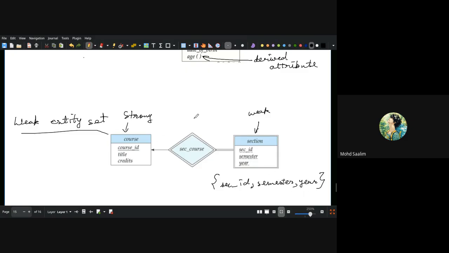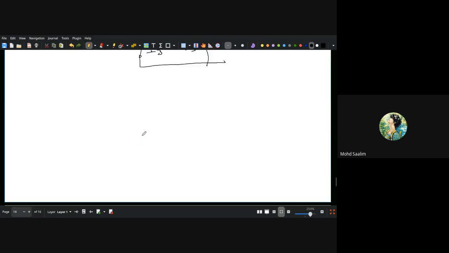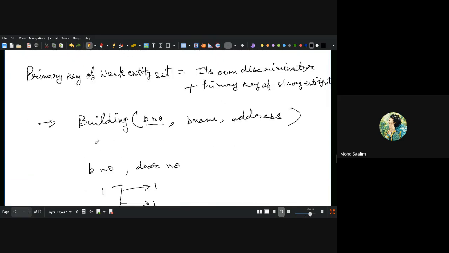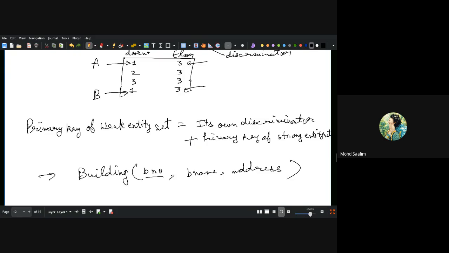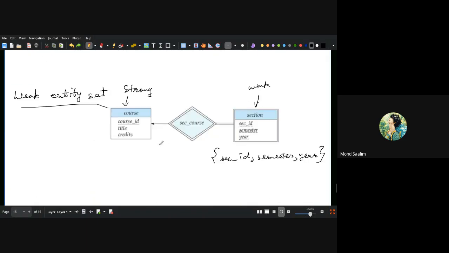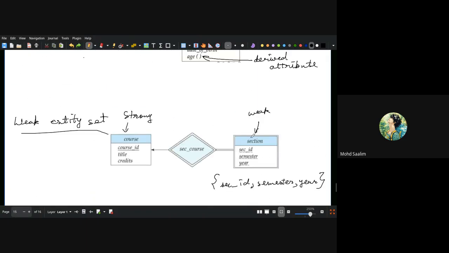And when you maintain this weak relationship with course, what did I say? We will use its own discriminator plus the primary key of the strong entity set. And this combination will become the primary key of the weak entity set. So keeping this formula in mind, can you tell me what is the primary key of section now?